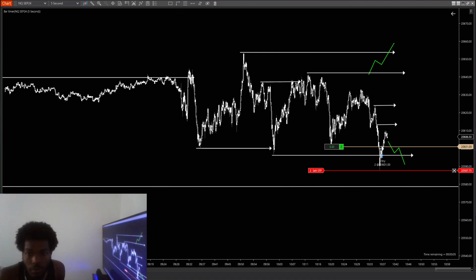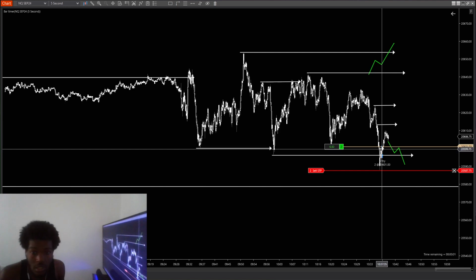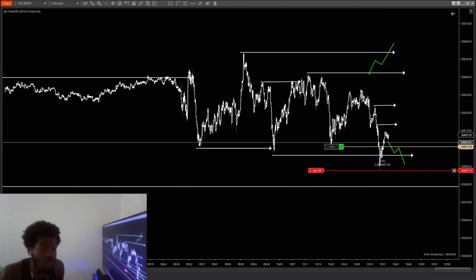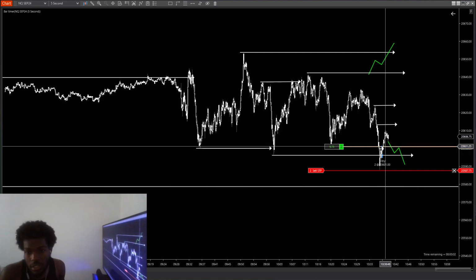In terms of management, do you ever move your stop to break even, or do you just let it run? I move my stop to profit at 10 points, but I don't move it before that. When you're managing an entry, you need to understand this is a 10 point move. You're trading a 1 minute move, and it's going to take some time.